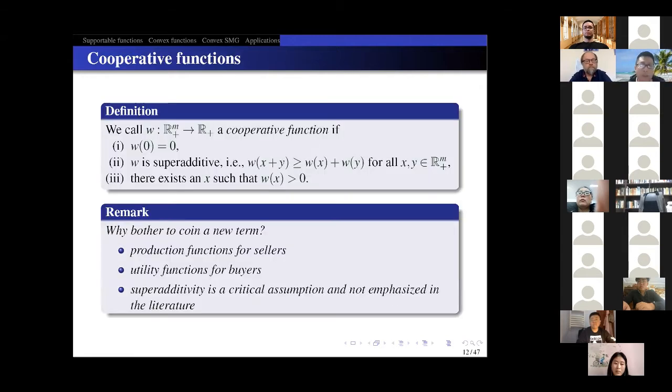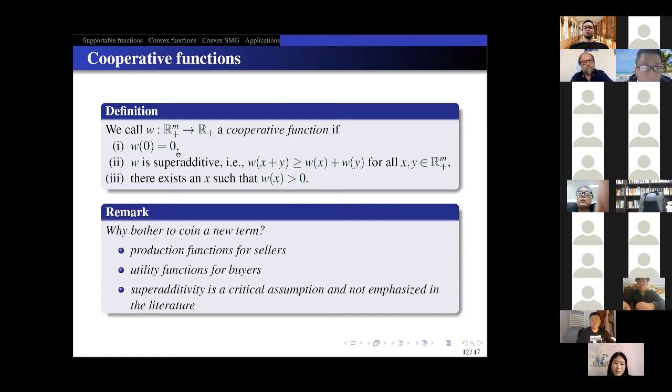Okay, so what is a cooperative function? It is an m-dimensional non-negative ordinary function which has a value of 0 at the origin, and this corresponds to our requirement that for a cooperative game we always assume that the worth at the empty set is always 0.